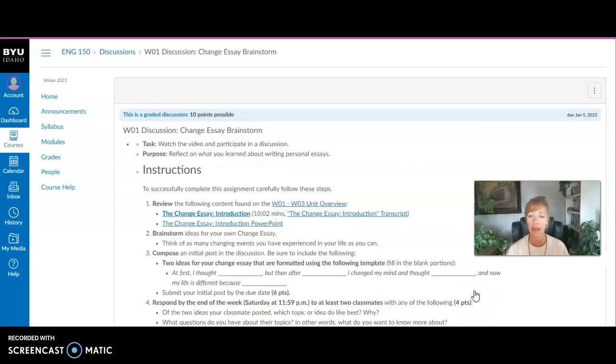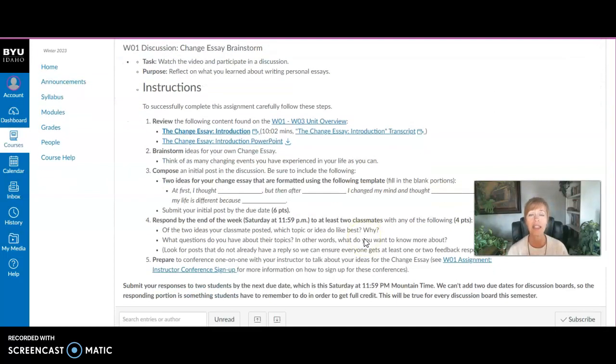Okay? Then what we are going to be doing is a brainstorm activity. Okay? Again, make sure that you watch that video. And this is just brainstorming. Brainstorming is just trying to list as many things as possible. Whether they're good or bad, it doesn't really matter at this point. List as many, how do they word it, as many changing events that you've experienced in your life. Just list them.